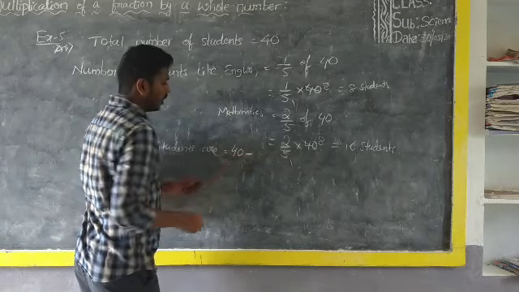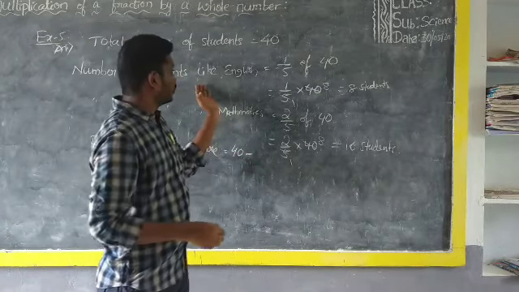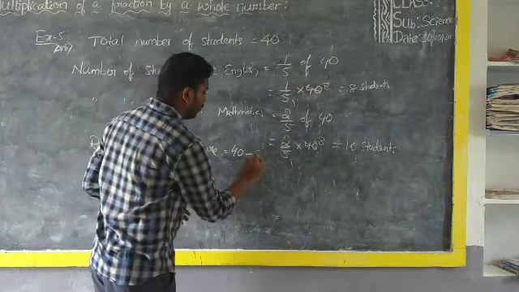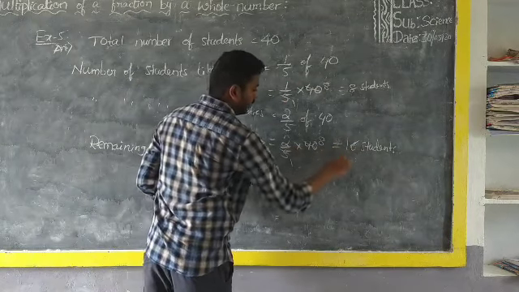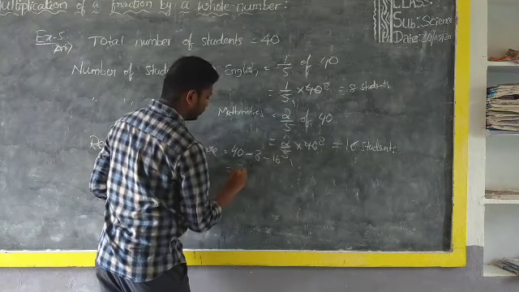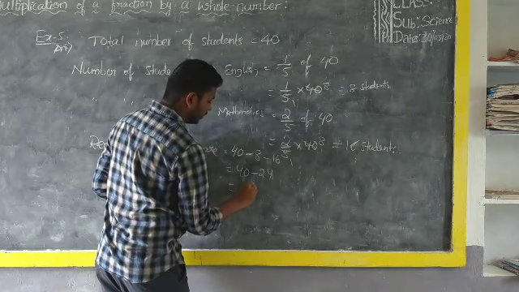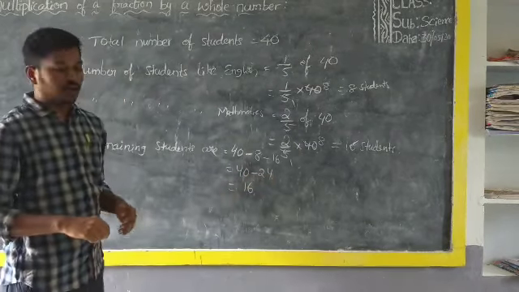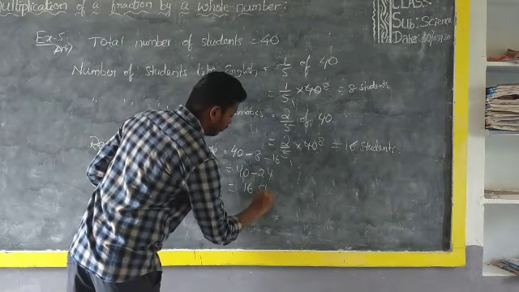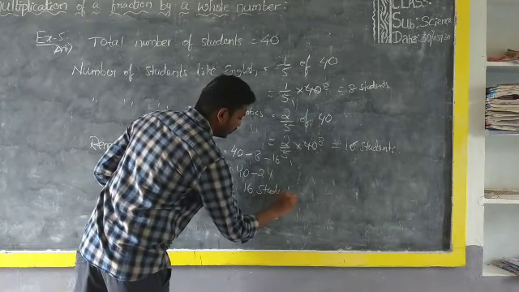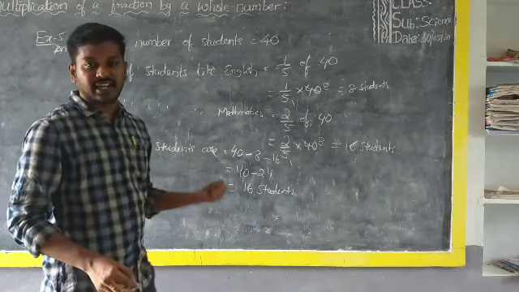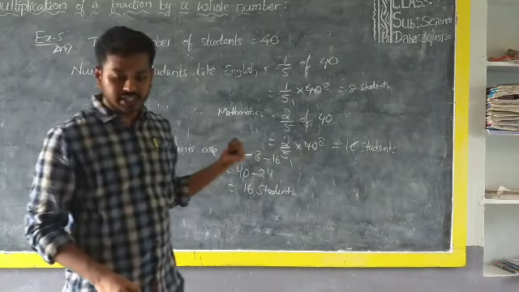If you subtract the number of students who like English, 8, and mathematics, 16, that equals 40 minus 24, which equals 16 students. Okay, 16 students like to study science.